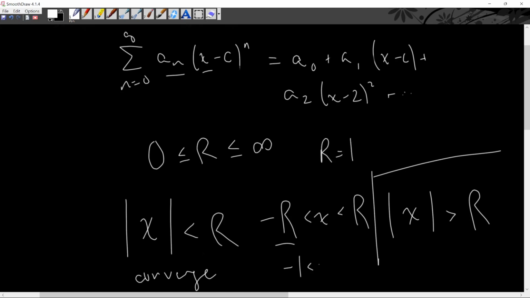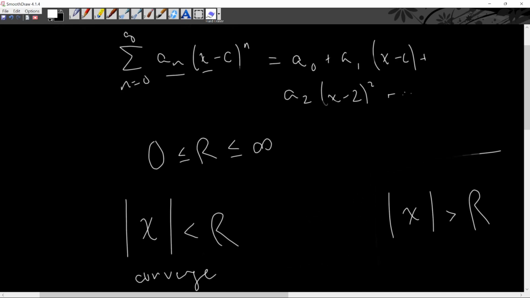Negative 1, x, 1. X can be any decimal in between negative 1 and 1, any valid fraction in between negative 1 and 1, and both are equally true because we are having the absolute value of x being less than r.